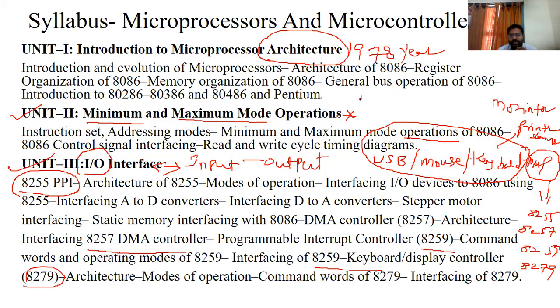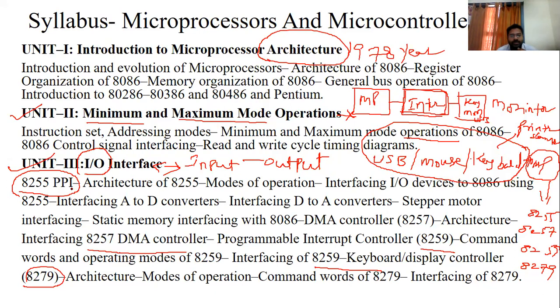Simply, I will draw this: a microprocessor here. We require interfacing devices. By an interfacing device, you connect a keyboard, monitor, or USB, and remember, the interfacing devices sit in between the microprocessor and the input output devices.